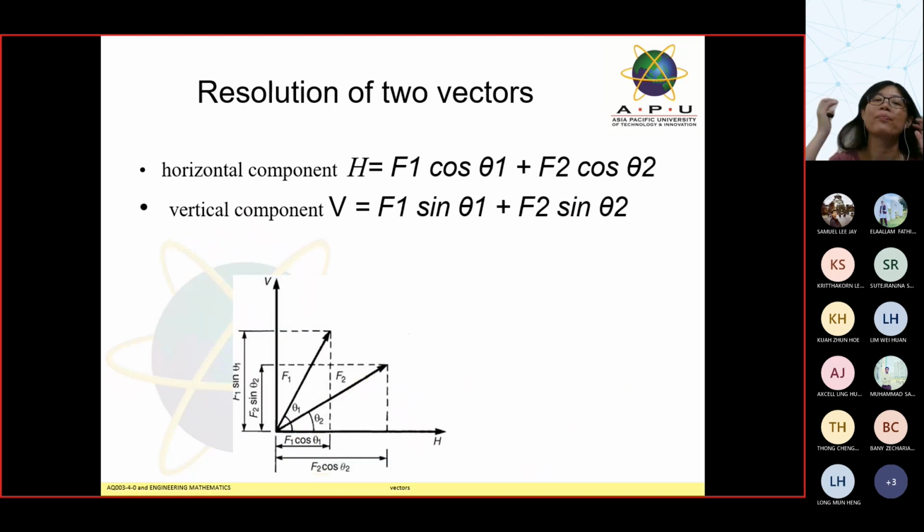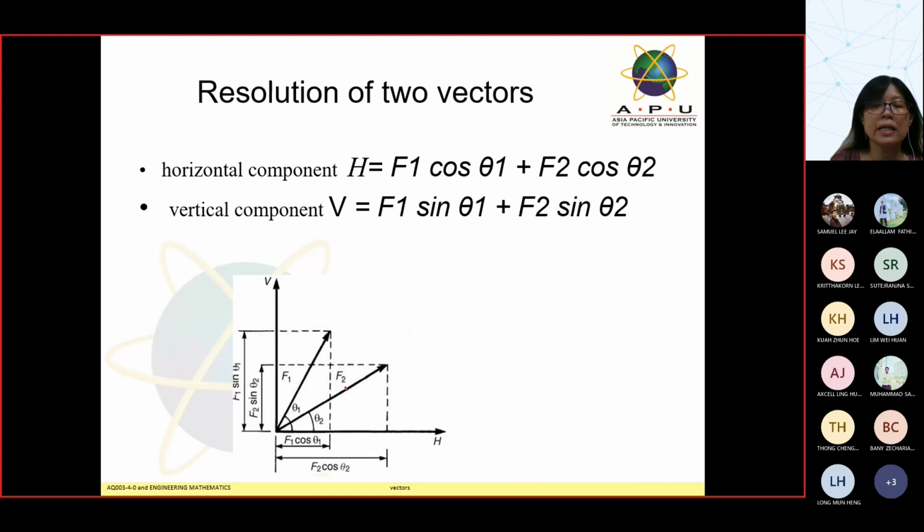So let's look at another example here. For this example, we have F, maybe referring to two forces, so that means two vectors here. Let's say F1 and F2 are two forces, two vectors.